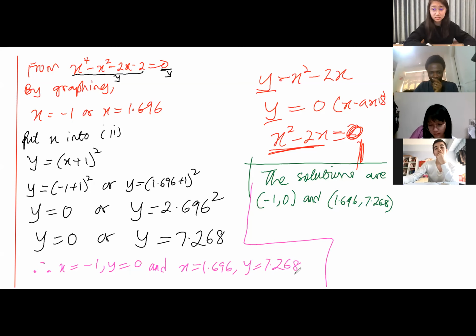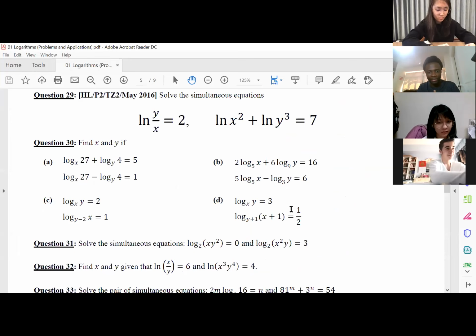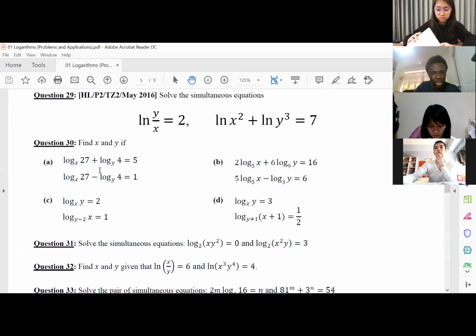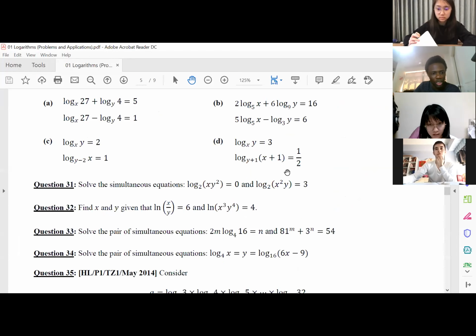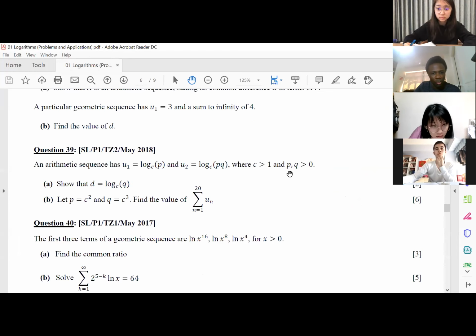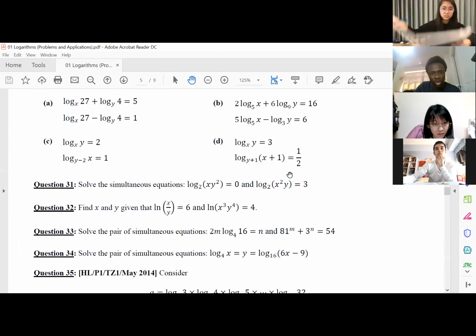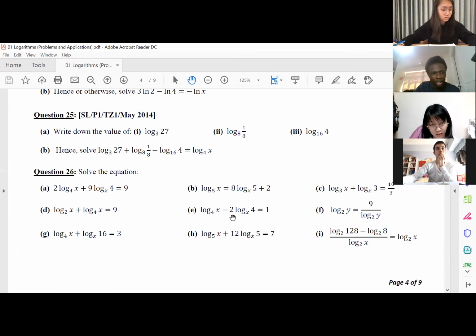Anyways, so can you see what I'm looking at? Question 30. So I want us to do maybe one of these. Question 30A, then maybe you can do 30B later. Then I want us to do, before 30, the one that leads to quadratic. Yeah, this set.